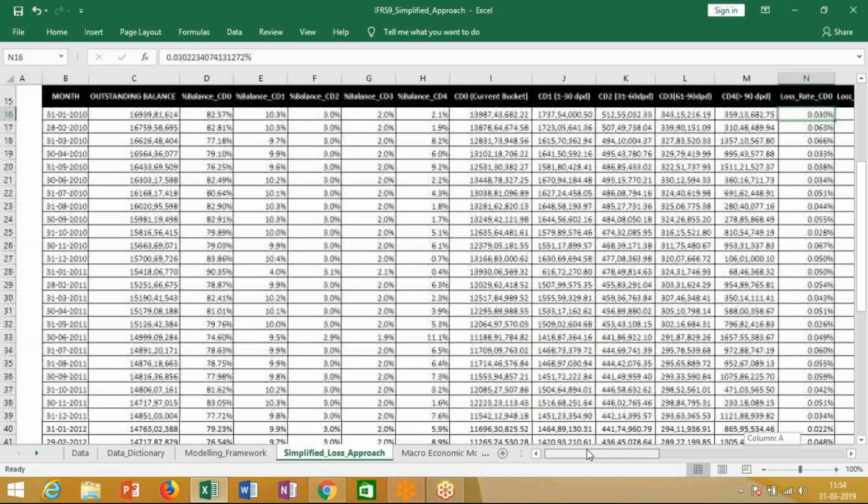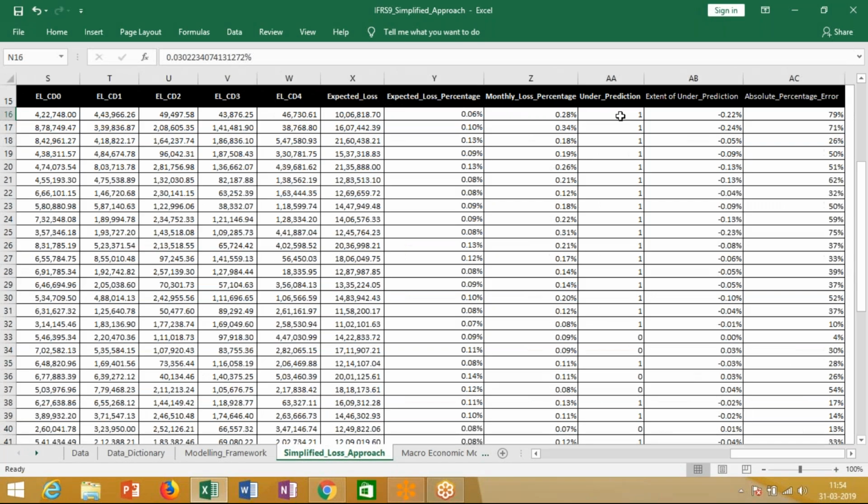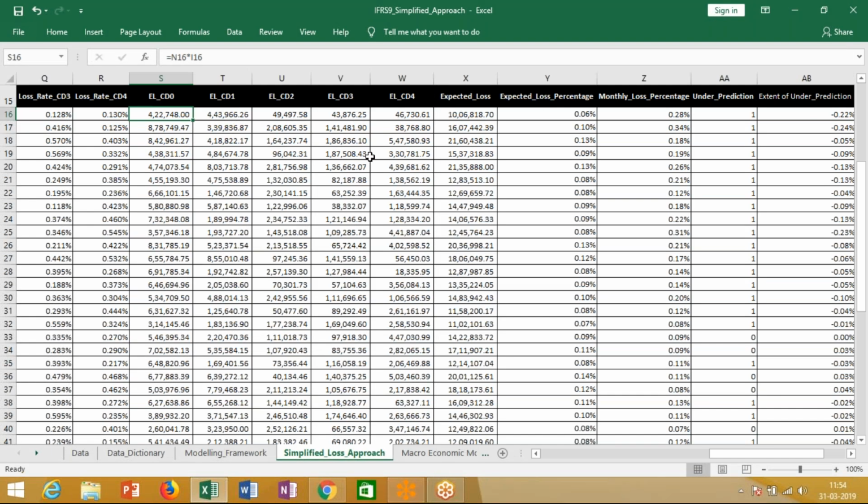So a few things over here, right? What I can see is that for each of them we have computed the expected loss. So given the balance and the existing flow rates, we can compute the ECL for each bucket.